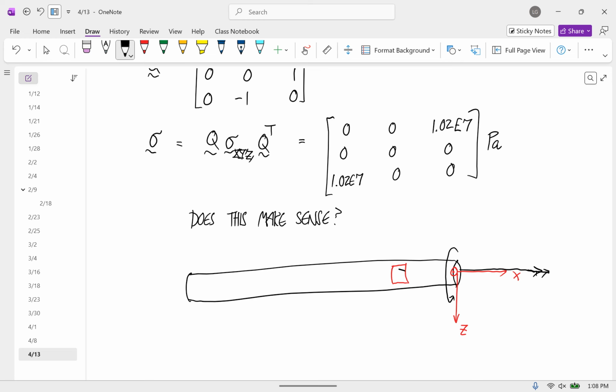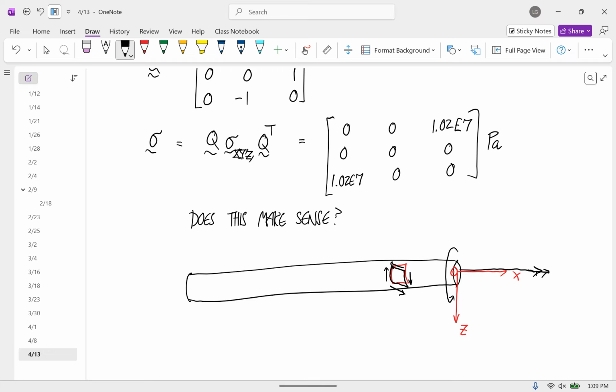This stress element is going to change shape like this, which requires stresses here, here, here, and here.